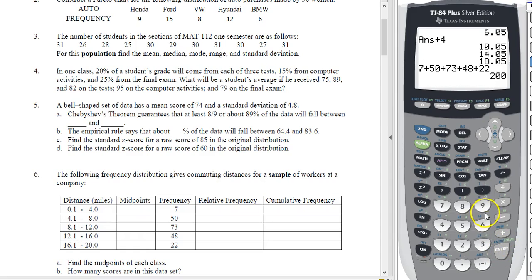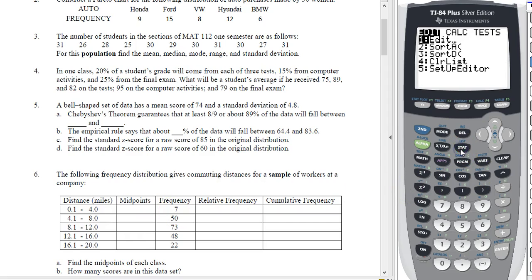We have a total sample size of 200. Notice it does say it's a sample. So the relative frequencies are going to be each of these frequencies divided by 200, basically how big each class is relative to the whole.